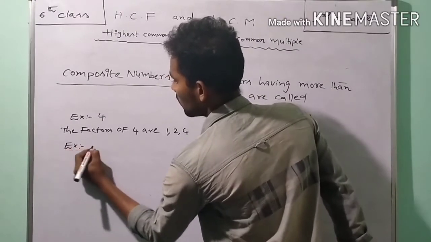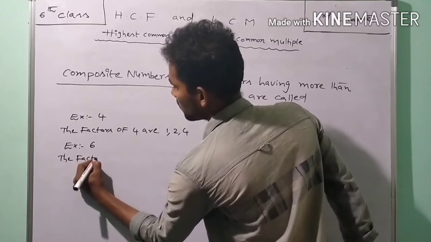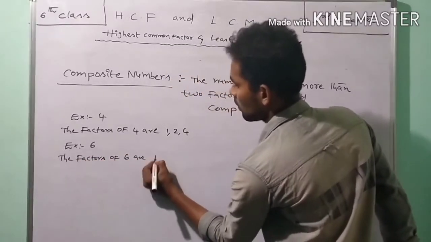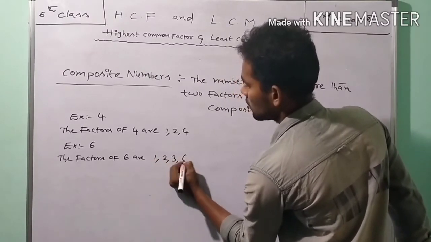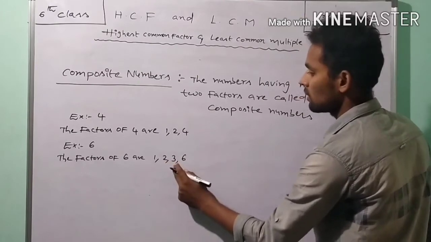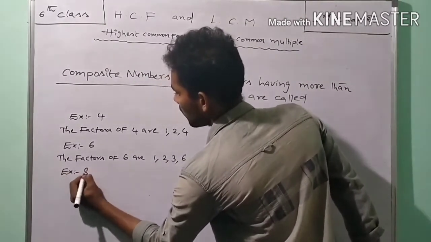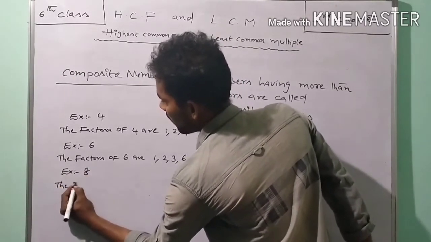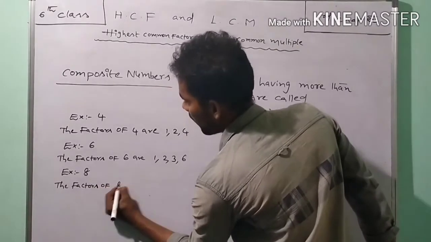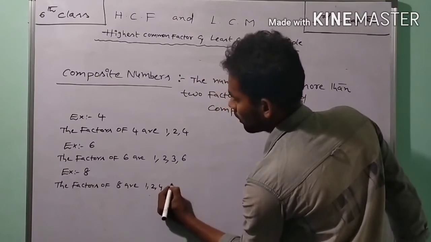Next example, 6. The factors of 6 are 1, 2, 3, 6. Factors of 6: 1 × 6 = 6, 2 × 3 = 6. Next example, 8. The factors of 8 are 1, 2, 4, 8.